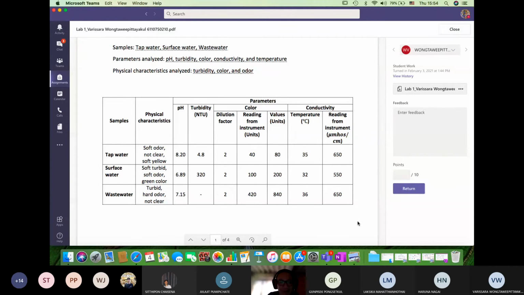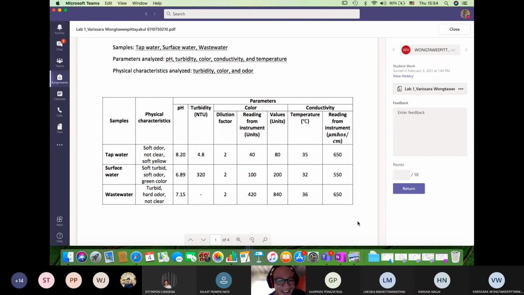Tap water cannot be used for consumption. Why? Because the conductivity exceeds the specified value. Are you sure? I'm not sure. As far as I understand, there are no such recommendations or guidelines governing the conductivity value.